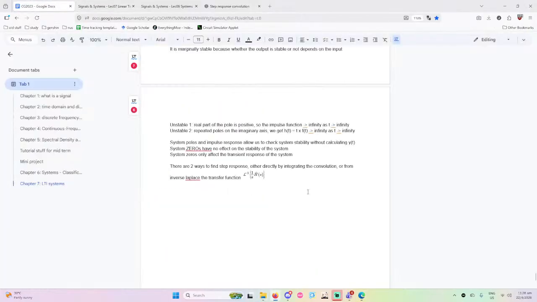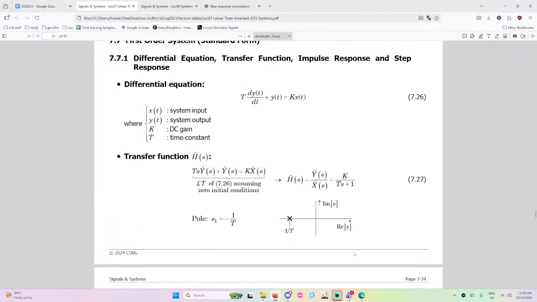This differential equation is capital T multiplied by dy(t)/dt plus y(t) is equal to capital K times x(t). Here x(t) is the system input, y(t) is the system output, and K is the DC gain.